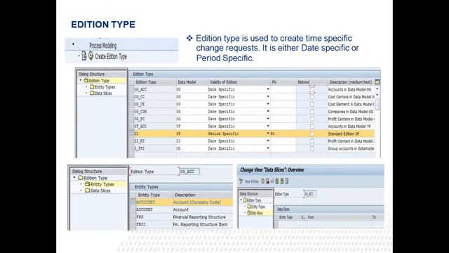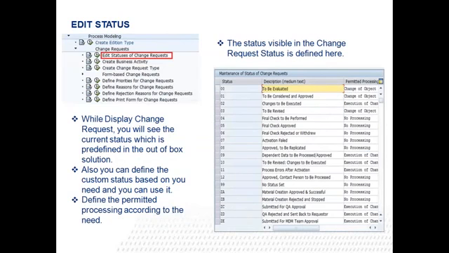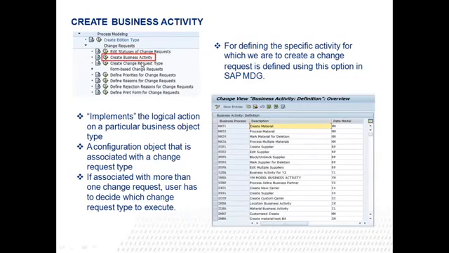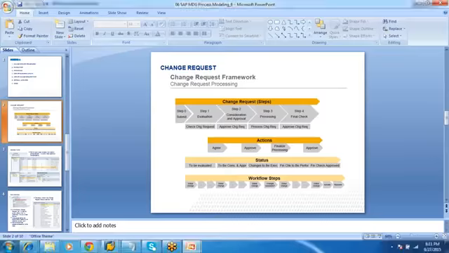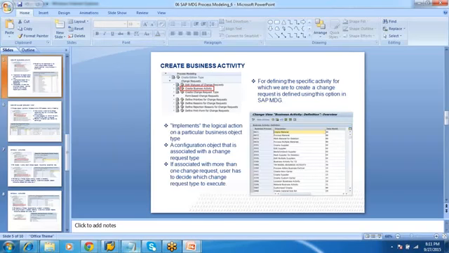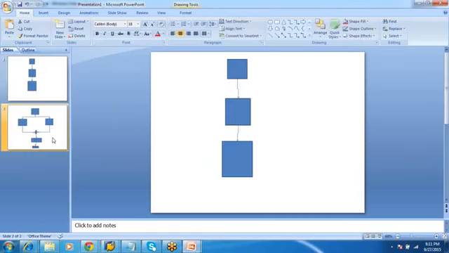I can introduce it. So I think these edit statuses we have completed, and create business activity. This is also something we have to understand clearly. Here in business activities, before we go to the business activity, let us try to understand what is a logical action.